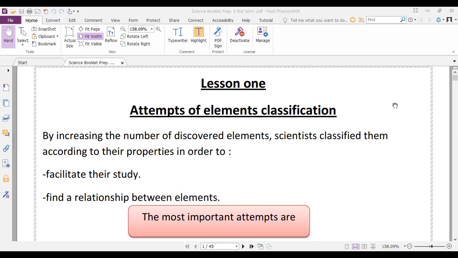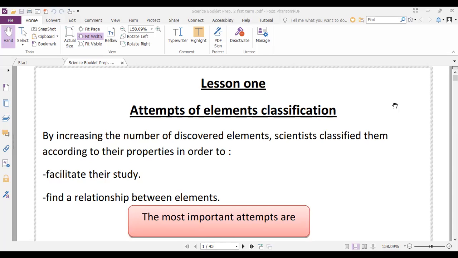So scientists classified elements to, number 1, facilitate their study, number 2, find a relationship between these elements. Okay, try to read it again. By increasing the number of elements, scientists classified them according to their properties in order to facilitate their study, and find the relationship between elements.